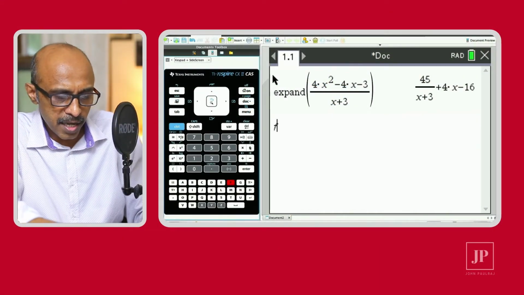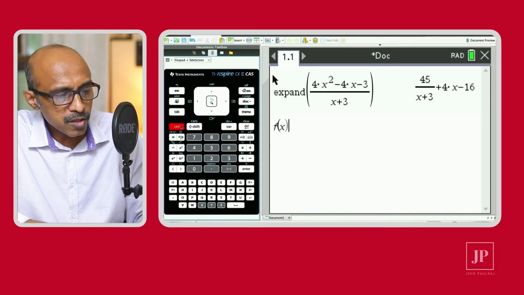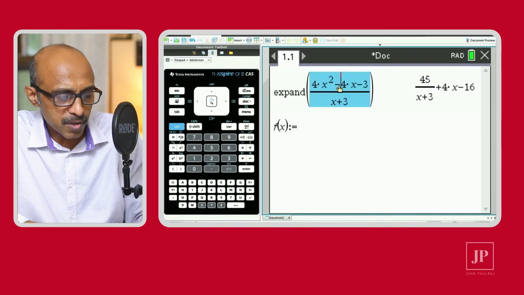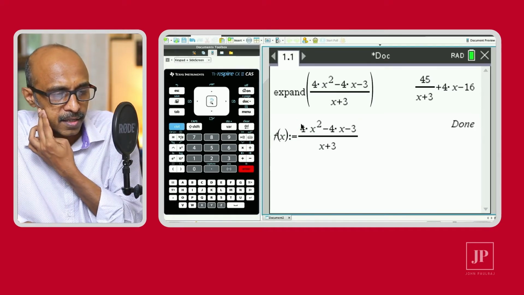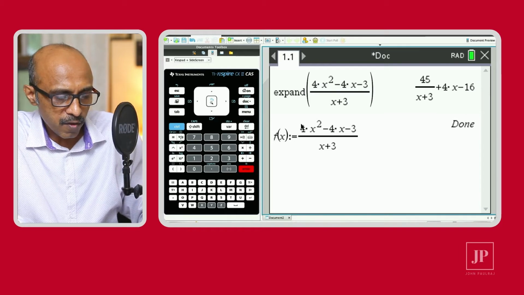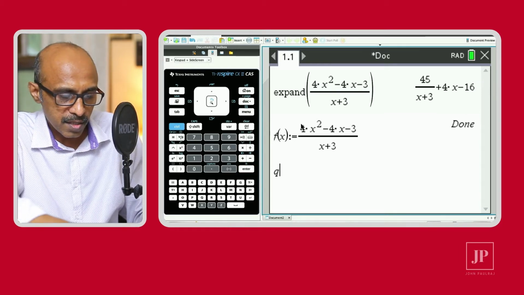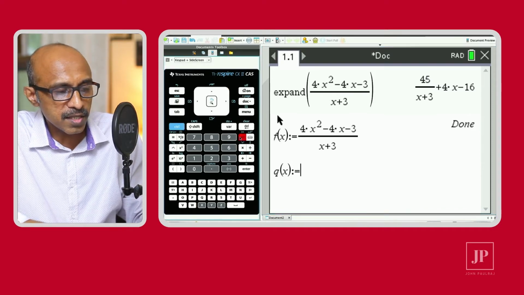I'll start by defining f of x, using control and the key to the right-hand side of 9. I'm not going to bother typing, I'll just copy that. So f of x is going to be that rational function. Done. And I'm going to call q of x the quotient function, again using control and the key to the right-hand side of 9.